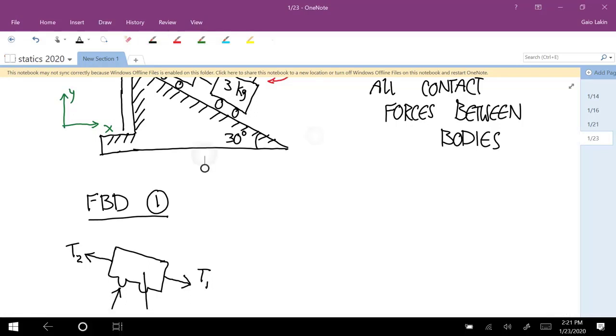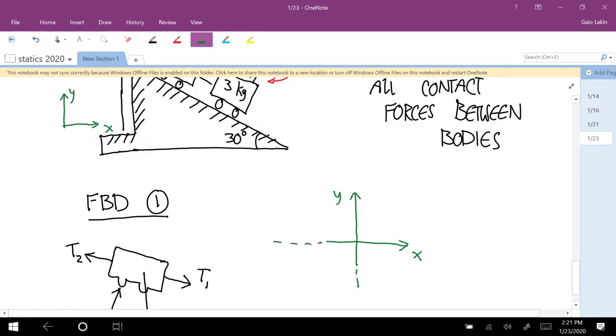So if this is the coordinate system, what we know to start with, yeah, we have that 30 degrees. So I'm going to draw the vector that is shown to be 30 degrees in the picture.